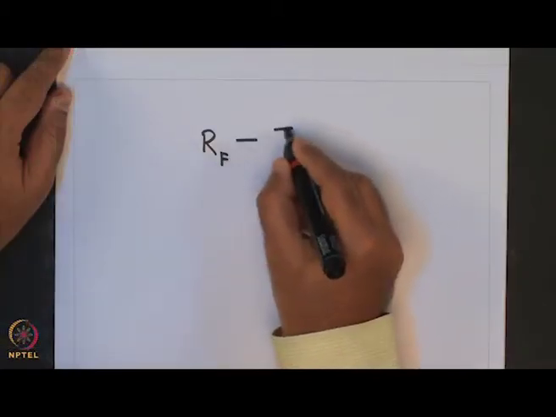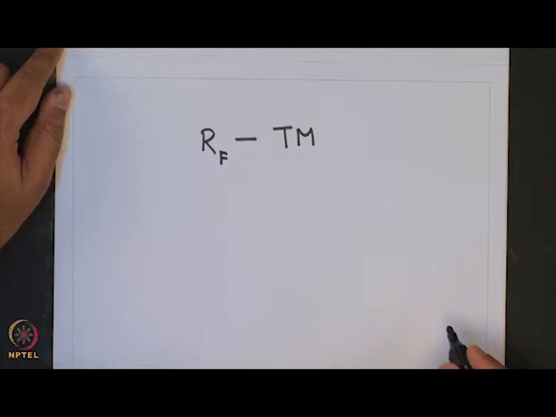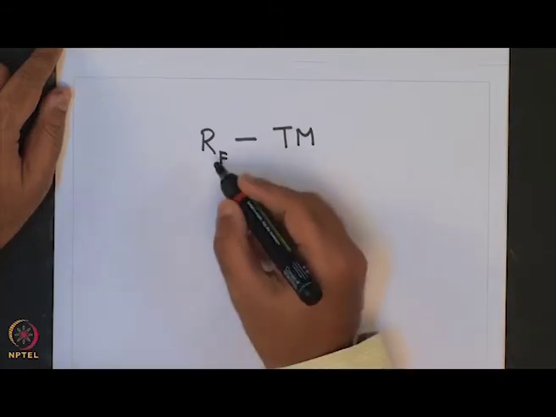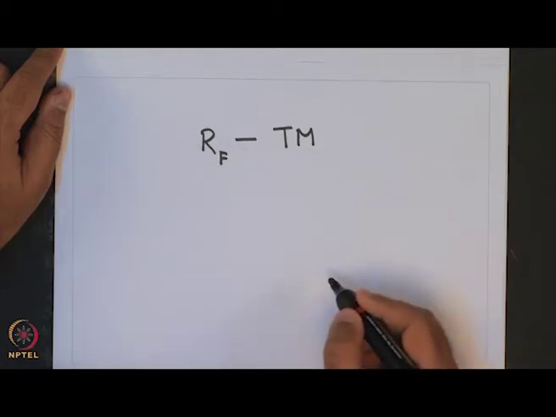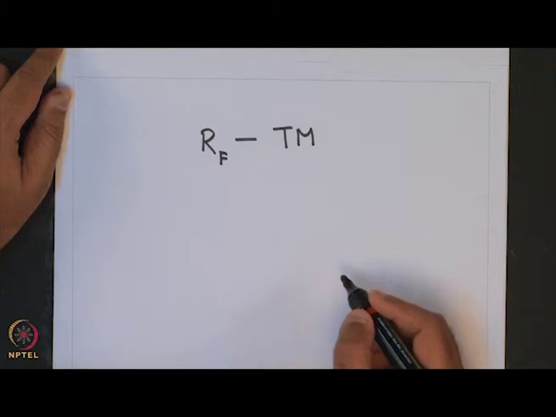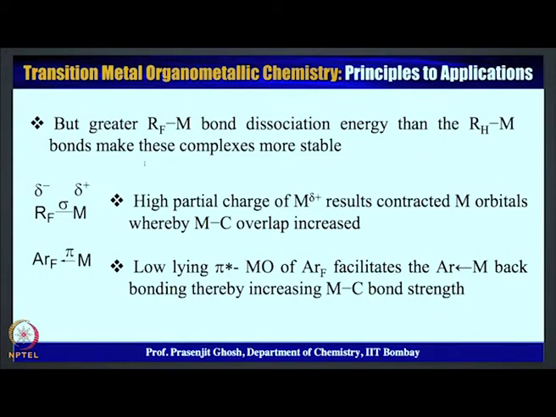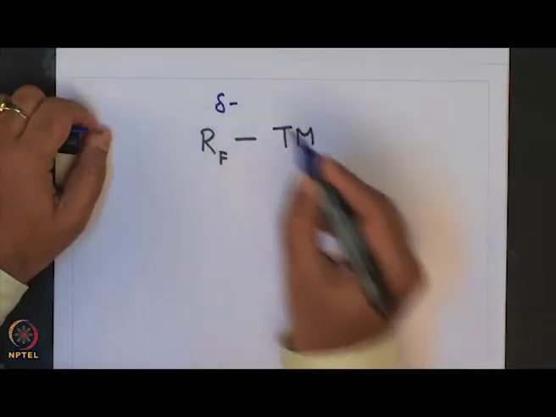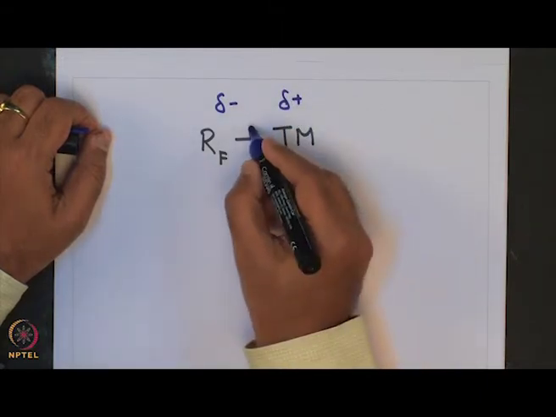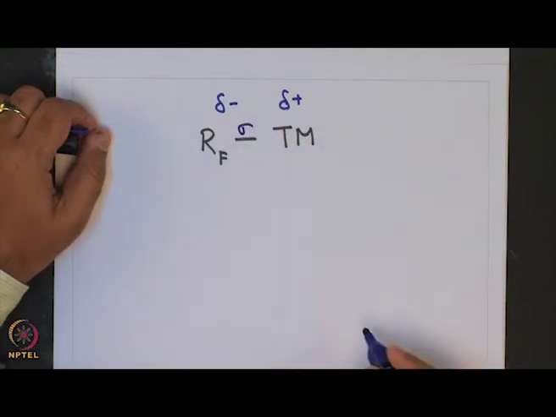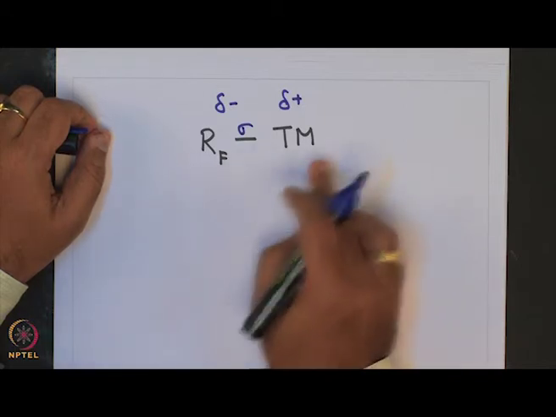Now, perfluoroalkyl has all of the carbon substituted with fluorine instead of hydrogen as in a normal alkyl analog, and as fluorine is very electronegative, the polarity of this alkyl group thus becomes del minus and the metal becomes del plus, and this is a kind of sigma interaction occurring between this perfluoroalkyl group and the transition metal.